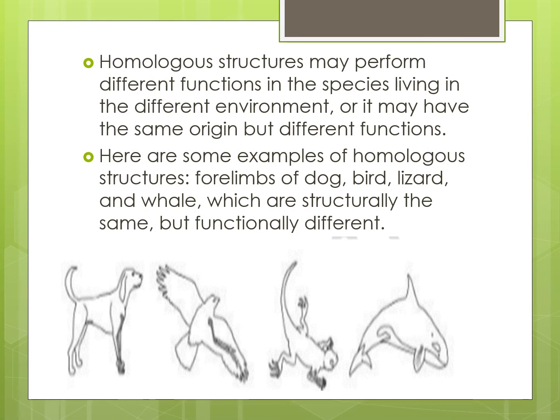Homologous structures may perform different functions in the species living in the different environment, or it may have the same origin but different functions. Here are some examples of homologous structures: forelimbs of dog, bird, lizard, and whale, which are structurally the same but functionally different.